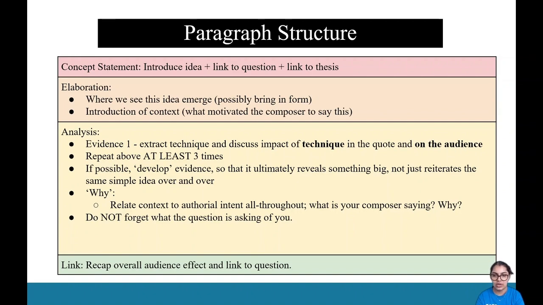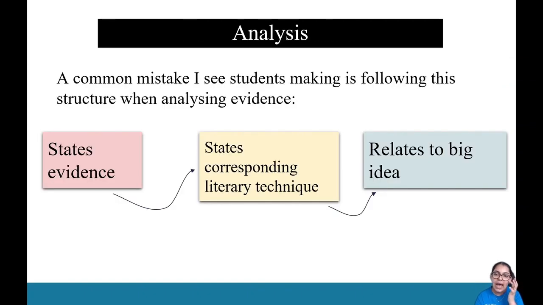Okay, awesome. So now let's have a look at a common mistake that I see students making in essay writing. Firstly, they state the evidence, they state the corresponding literary technique, and they just relate it to the big idea, and that doesn't quite work because it's not quite linking back.